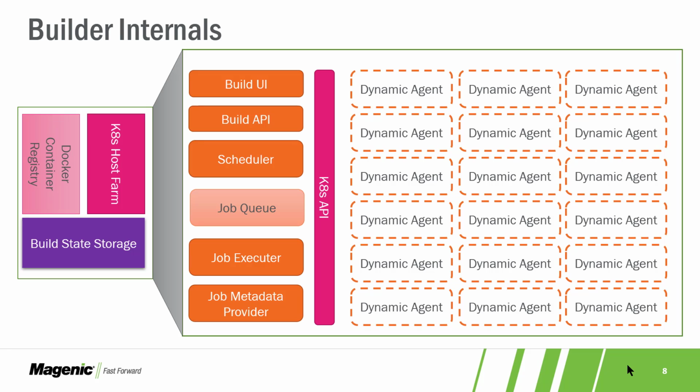And then the job executor will work with Kubernetes to turn that into a container or containers running in a pod or pods. And we'll use the job metadata provider to see the images that are deployed to do our unit of work with the metadata they need to succeed.